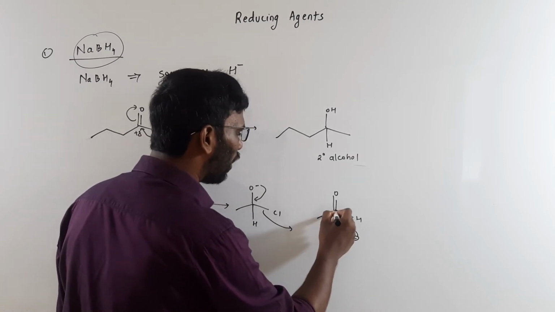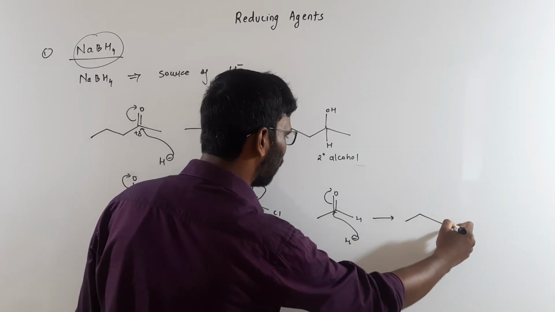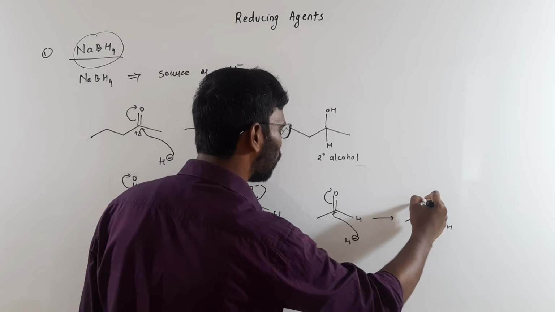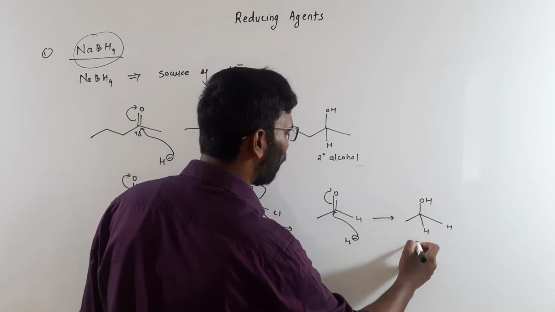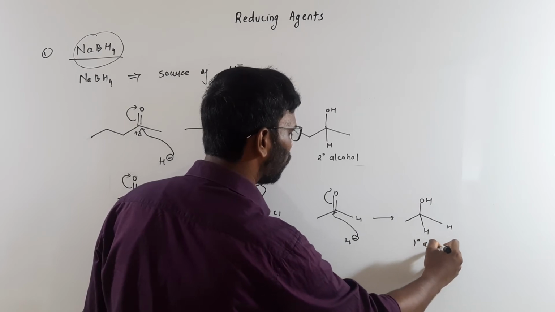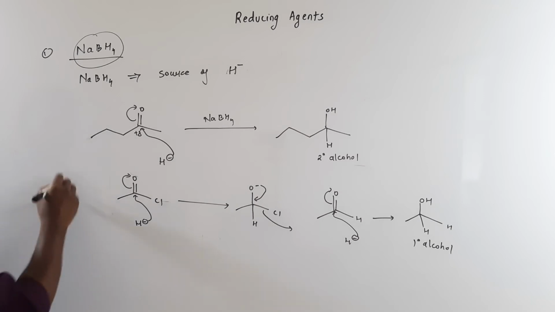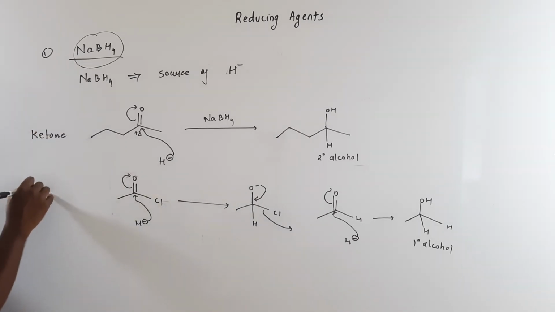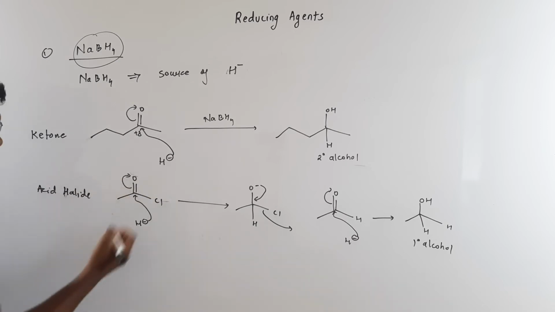H minus is going to attack over here, this will shift, and finally the hydrogen will be connected, and this is the OH. This is CH3 CH2 OH. This is the primary alcohol which you get. Okay, this is the thing regarding acid halide. This is the ketone. This is the acid halide, right?